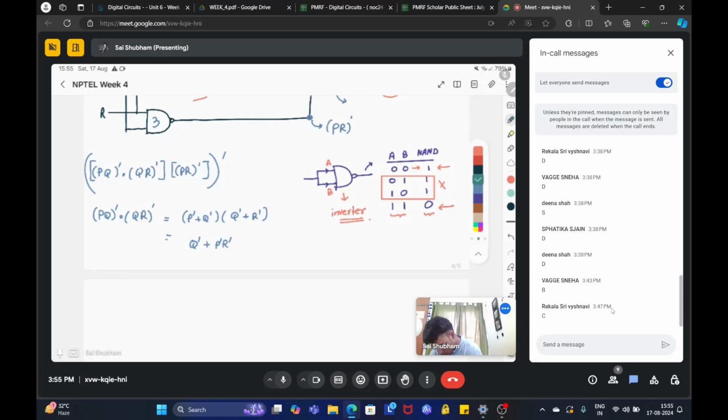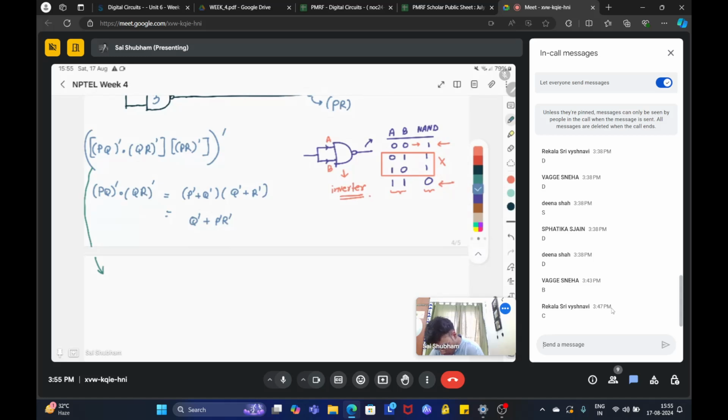So we can write this down as Q bar plus P bar R bar, PR bar whole bar, which we can simplify as Q bar plus P bar R bar whole bar plus PR bar bar. Like suppose this is A and this is B. So AB bar can be written as A bar plus B bar.